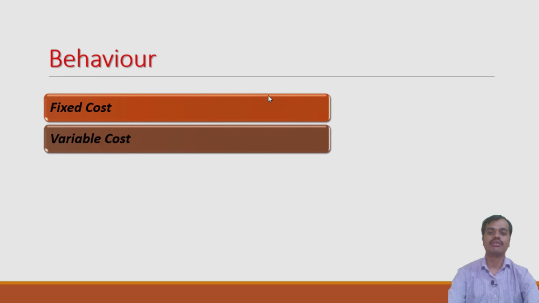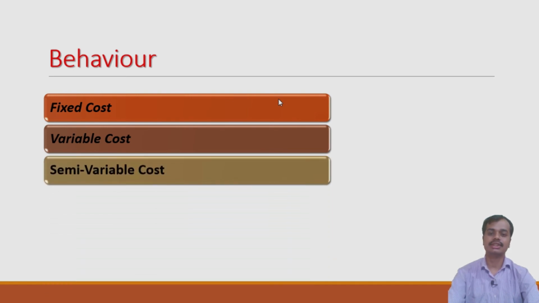Next cost is variable cost. Variable cost is the cost of elements which tends to directly vary with the volume of activity. For example, all direct costs are variable costs such as direct material, direct labor, direct expenses and direct overheads.